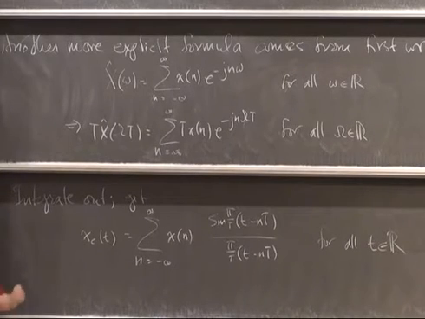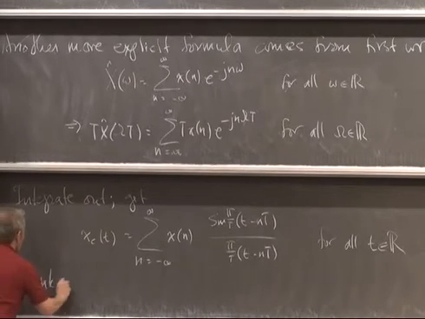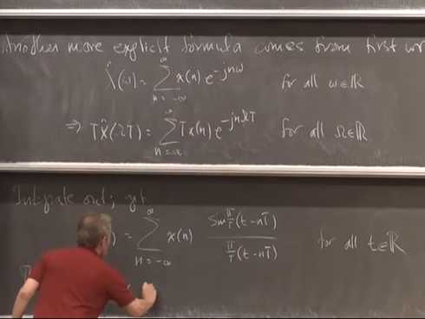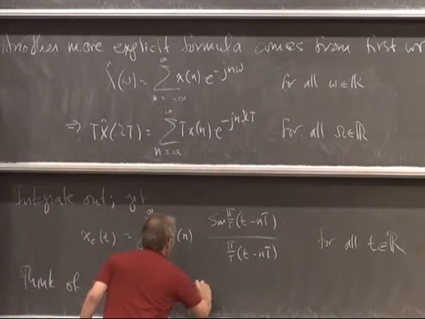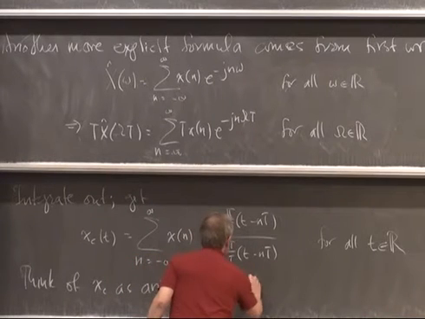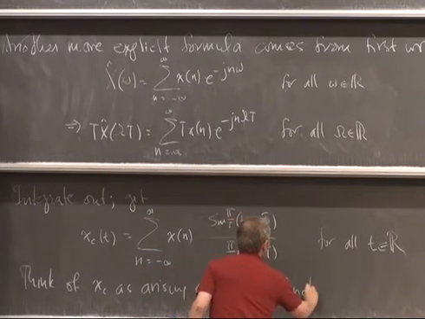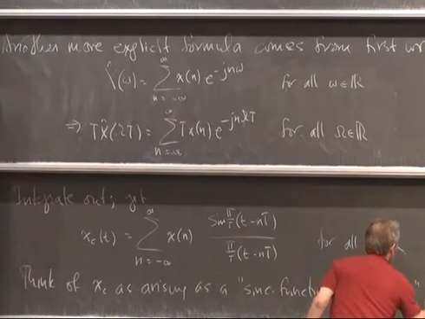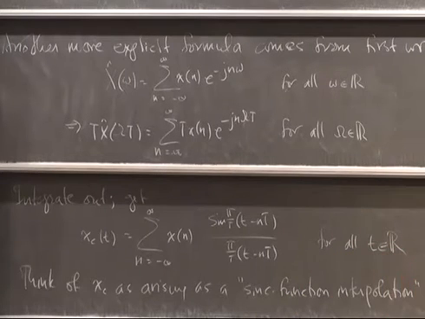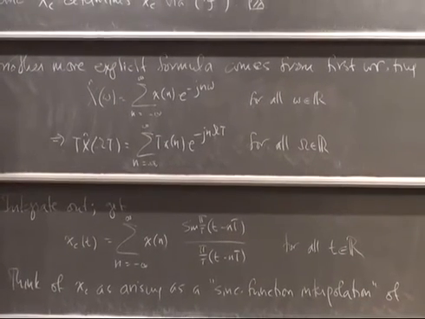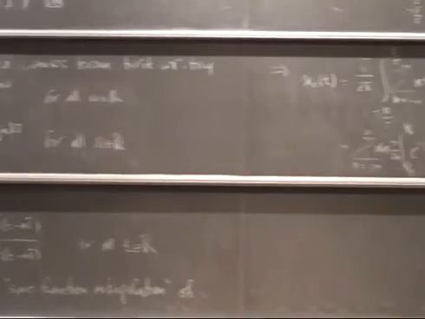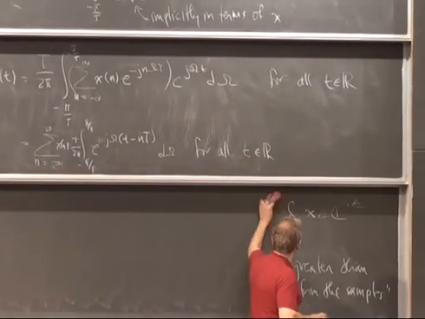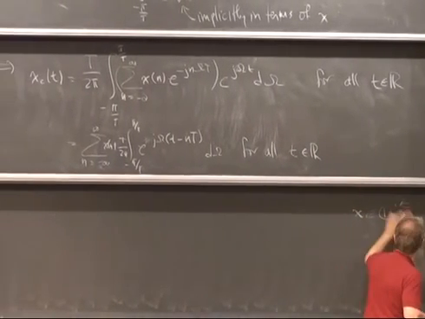This shows that you can think of xc arising as what one might call a sinc function interpolation of its samples. And this, of course, is all predicated on the assumption that xc is band limited and t is small enough so that 2 pi over t is bigger than twice the bandwidth.